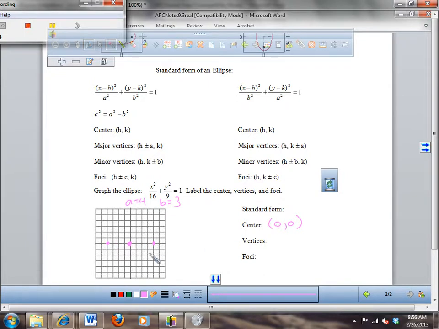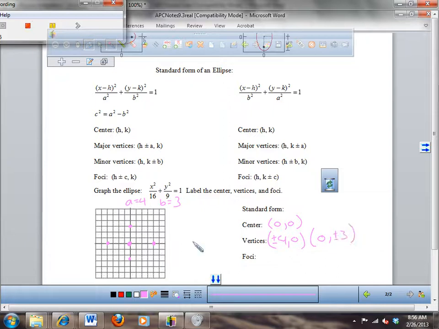So that's A, the distance from there to there. And B is 3, and that one's smaller than 4. 3 and 3. And so the vertices are at plus or minus 4, 0, and at 0, plus or minus 3.